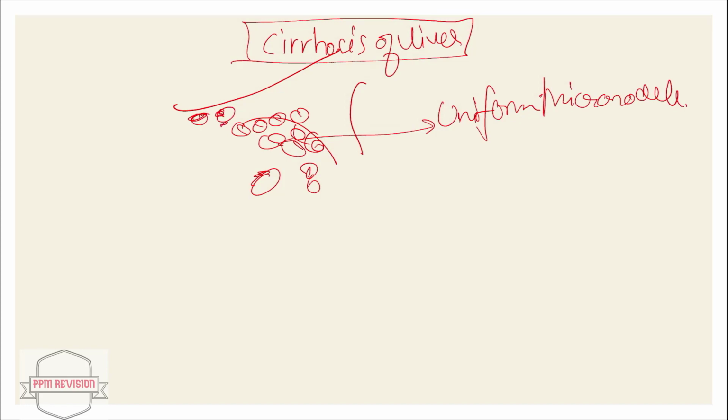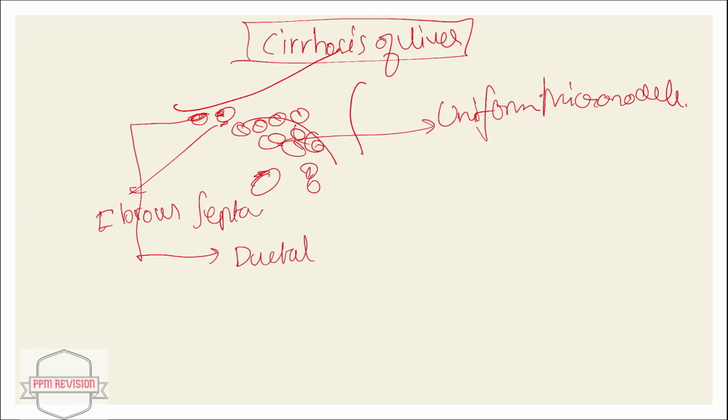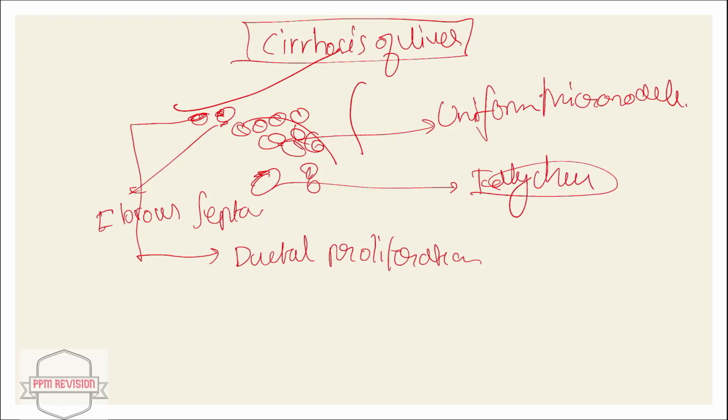And then you can draw the fibrous septa, okay, and then there's also presence of the ductal proliferation, right? And you can also see the fatty change. So I know that the diagram, I'll repeat it. So just have a look.